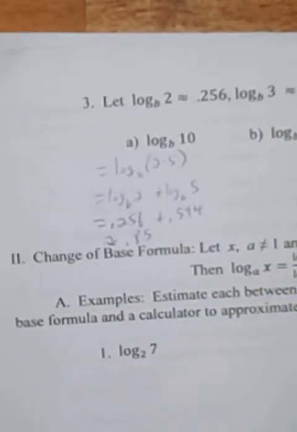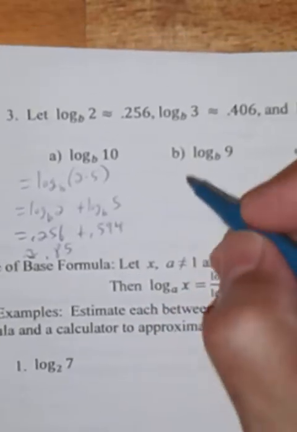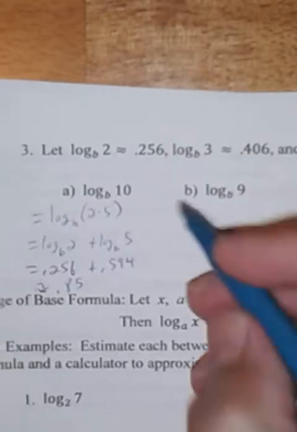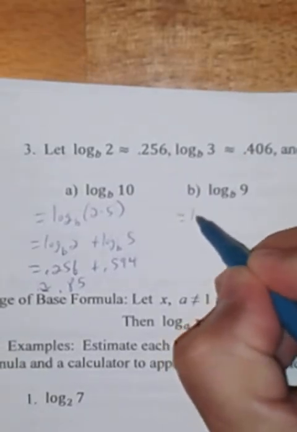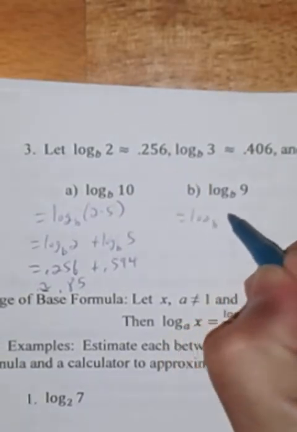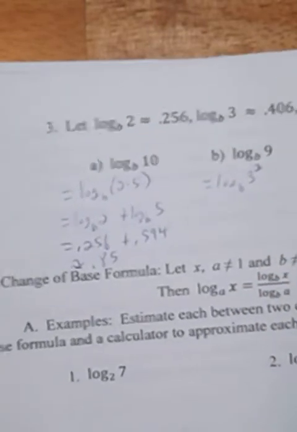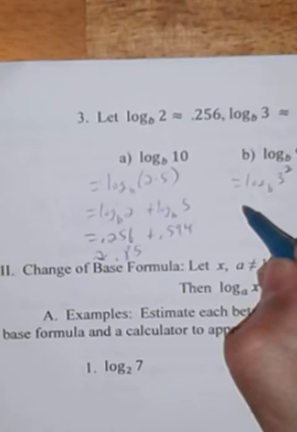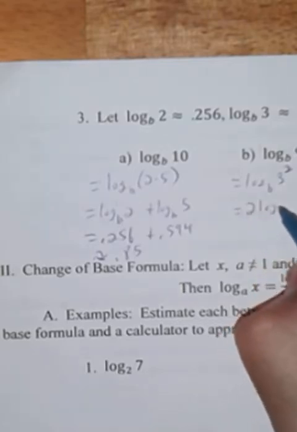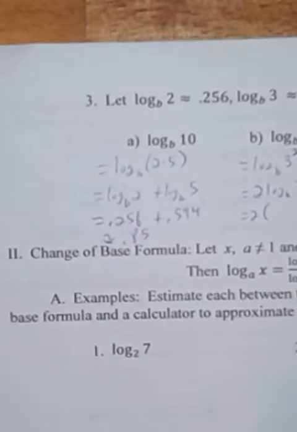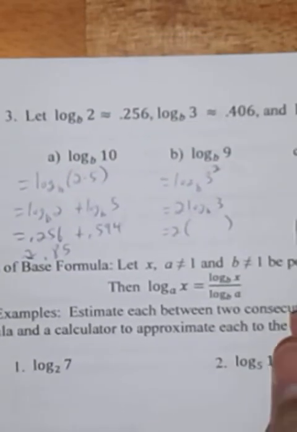All right. Let's try letter B. Log base b of 9. So I want to write this in terms of 2s, 3s, and 5s. Well, I can write that as log base b of 3 squared. I could have written it as 3 times 3. It will not matter. Then this will be 2 times log base b of 3, which I'm told is 0.406.